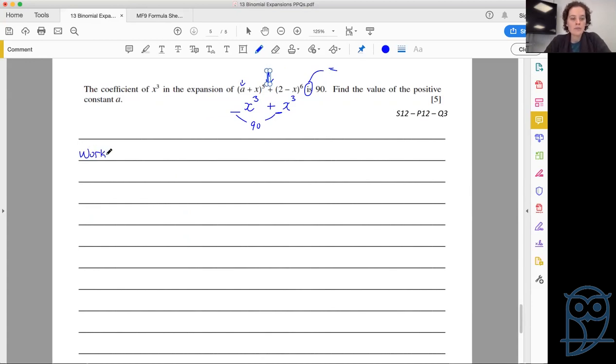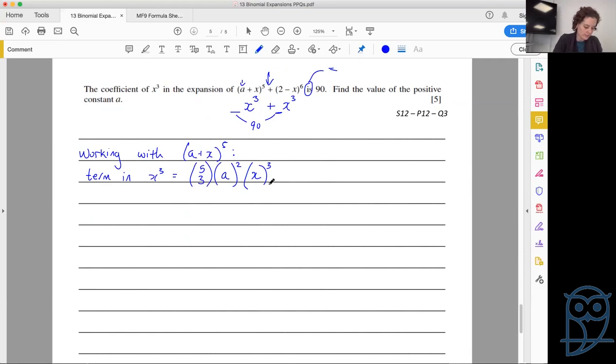Working with a plus x to the 5, for the x cubed term, n is 5. r is going to be 3 because we had that number plus plain x. a is going to be to the 5 minus 3, which is 2, and x is going to be cubed.